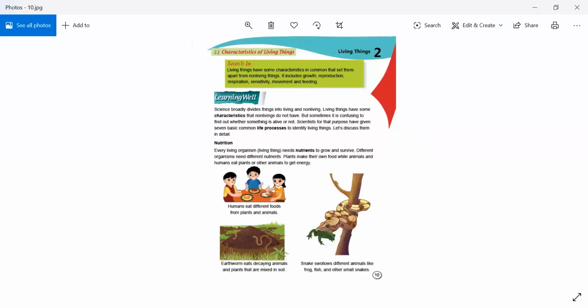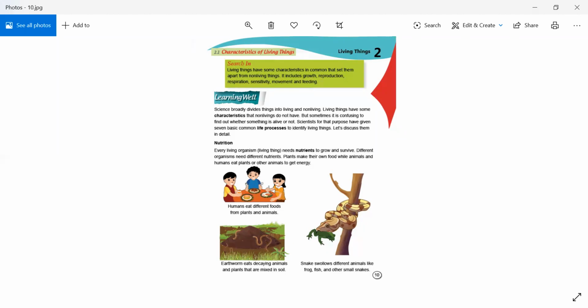So I can say that a baby is a living thing. Why? Because it needs food to grow, it needs food to survive, and it needs some nutrients as well, and it has to grow, and it has to die after certain time period.